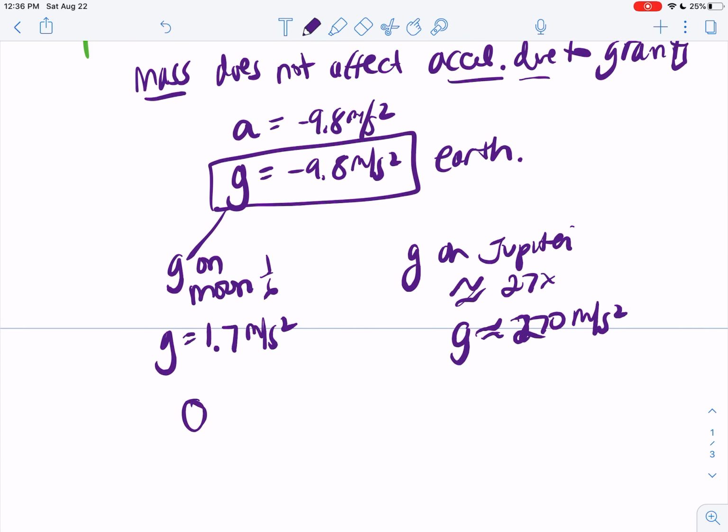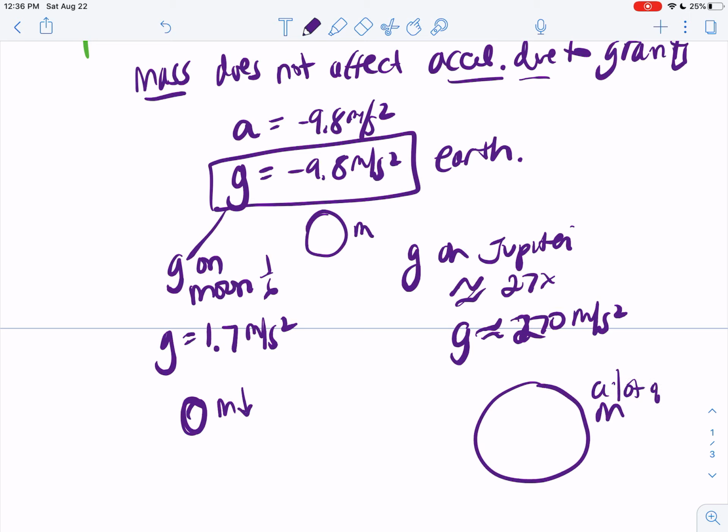The moon has less mass, the Earth is kind of middle mass, and Jupiter has a lot of mass, which gives it a stronger pull on the object. But we'll get into this more later. It's not really for this part.